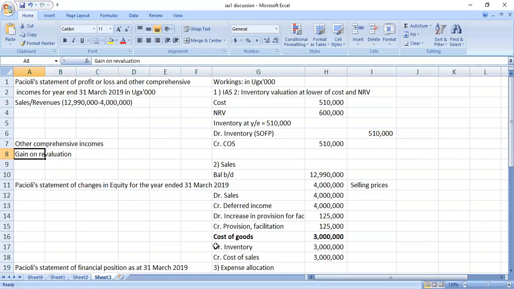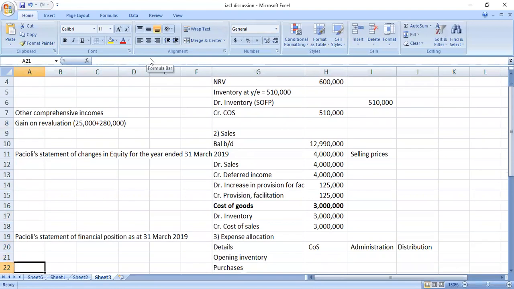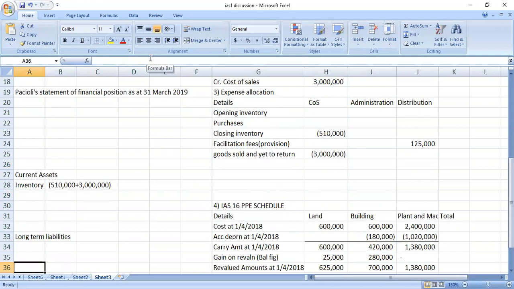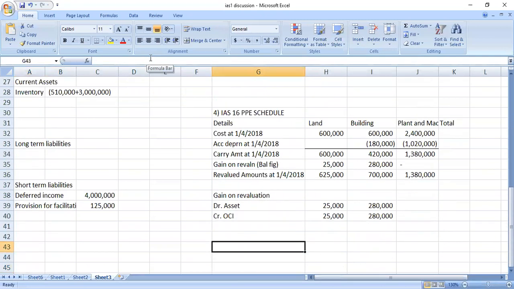Allow me to bring a total figure here rather than the split. So we had that 25,000, then we had the 80,000. So by doing this, crediting, we know that incomes are credited. So that is it under these journals of gain on revaluation.